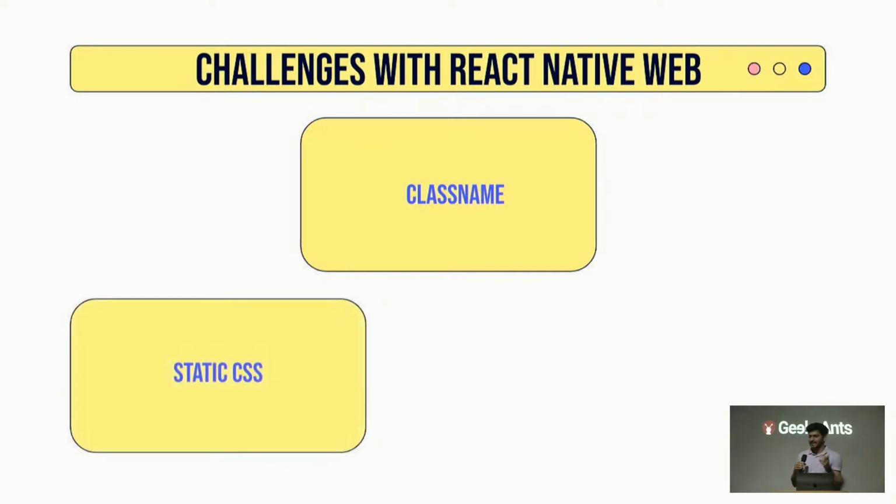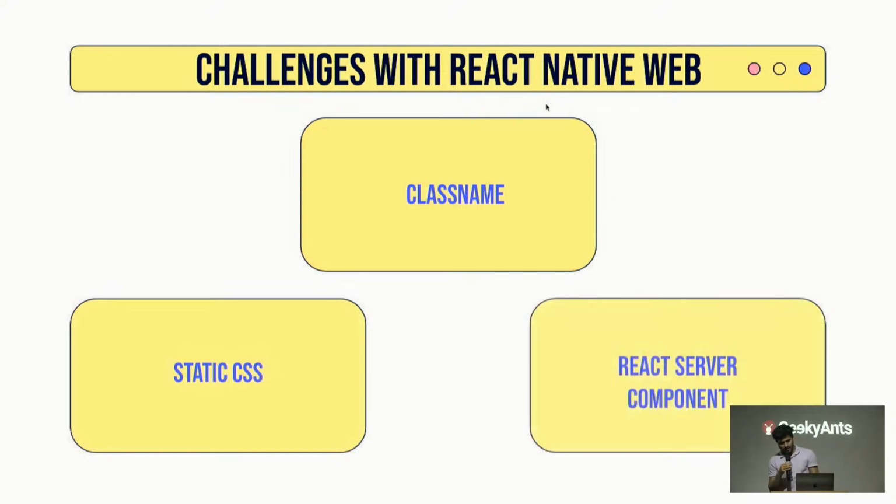And the second thing comes with the static generation of CSS. As we know, React Native Web is completely runtime, unless you do some magic with it, like we do in React Native with GlueStack style. Otherwise, it is completely runtime. And because of this, if you see the currently hyped up market in React on the web, it is server driven, React Server Components.